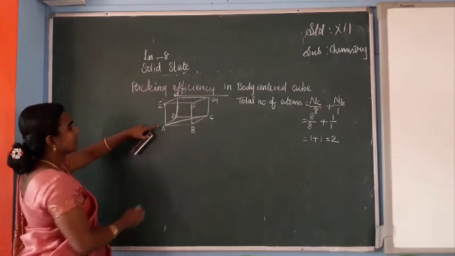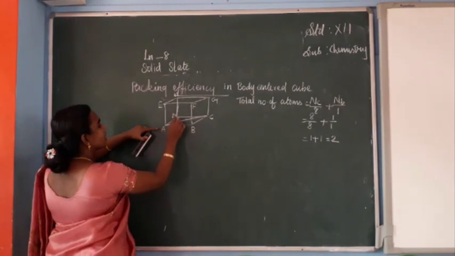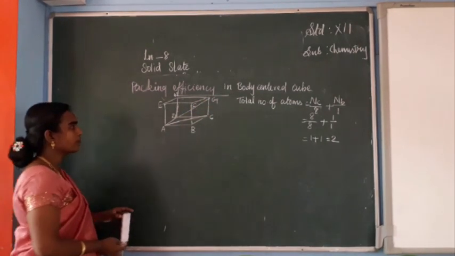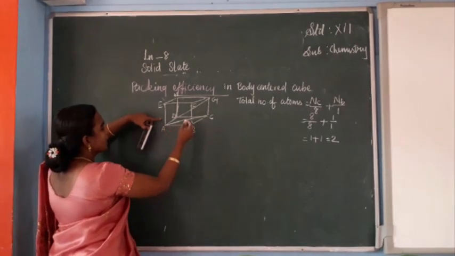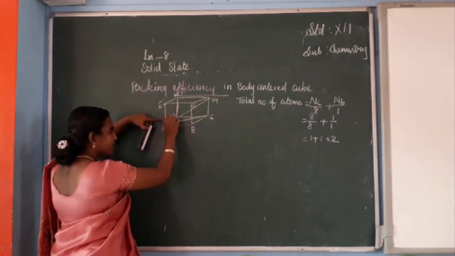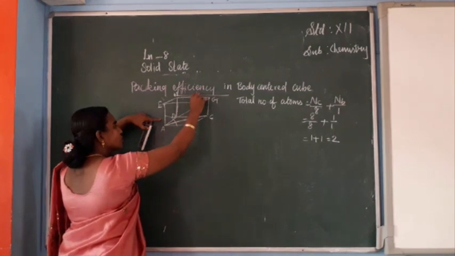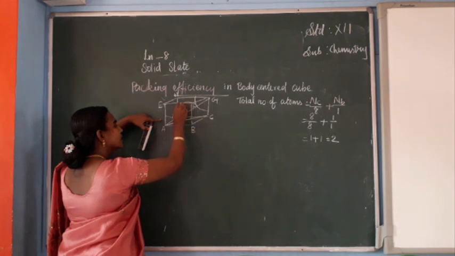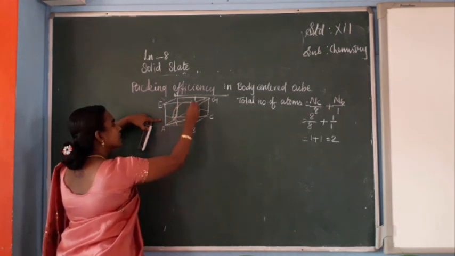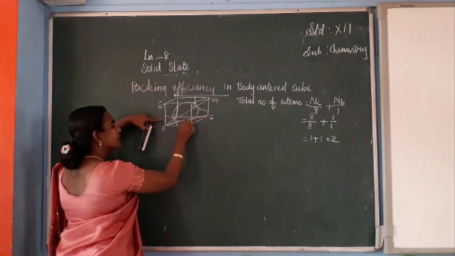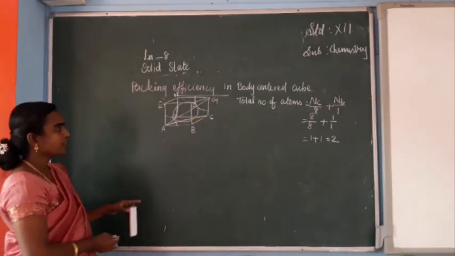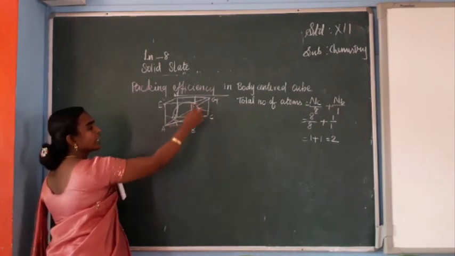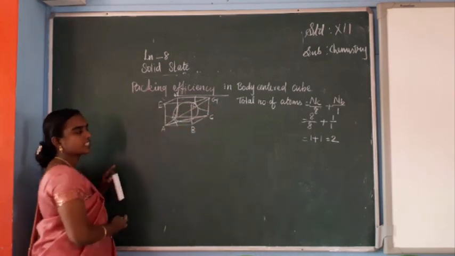Next, this A to G. Here are the corner atoms, here also one corner atom, and here the center of the body. Have you understood? Here I have specified only two corner atoms, and this is called the center atom.